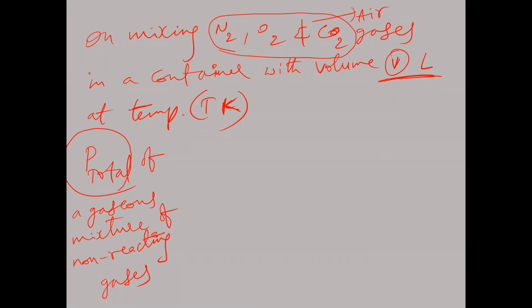So P total of a gaseous mixture of non-reacting gases is equal to the partial pressure of nitrogen gas plus the partial pressure of oxygen gas plus the partial pressure of CO2 gas. So partial pressure of the first component plus partial pressure of the second component plus partial pressure of the third component is equal to the total pressure, P total, of a gaseous mixture of non-reacting gases.